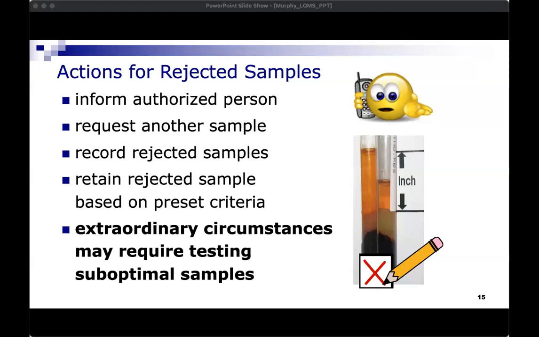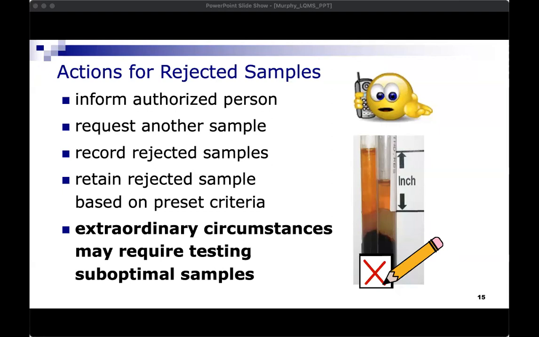So just for some examples of samples that should be rejected. Unlabeled samples, especially if not accompanied by any type of test requisition. There's really not a whole lot you can do with an absolutely unlabeled specimen. If it's not coming with any kind of requisition, that would be an automatic rejection.